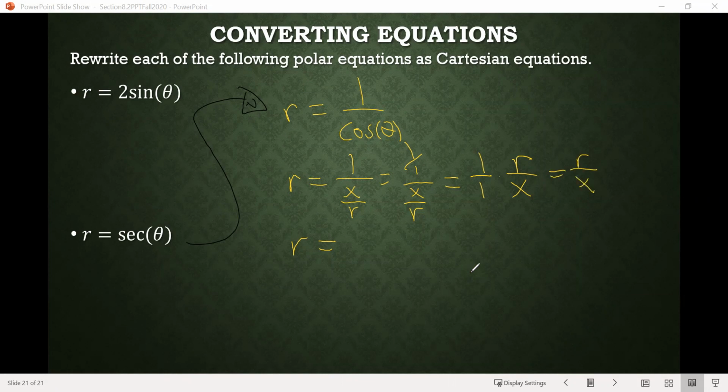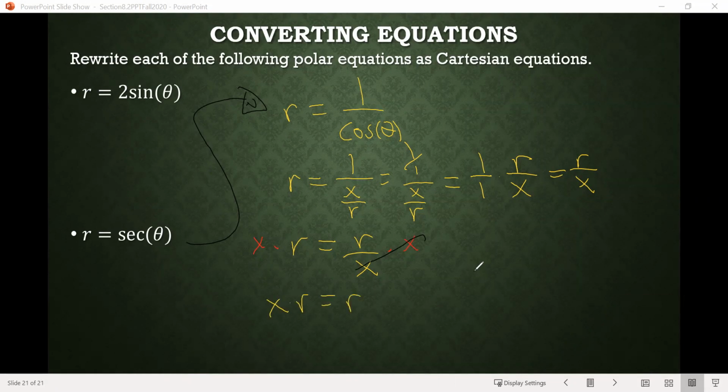So right now we have r equals r over x, which doesn't look quite as friendly as our previous one. But we'll follow a similar process. We get that x out of the denominator by multiplying by x on both sides. So the x's cancel out, and we have x times r equals r.